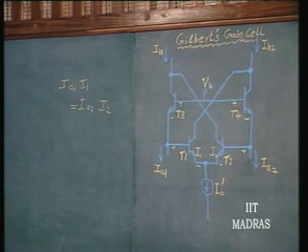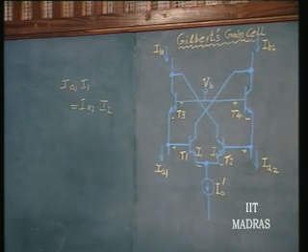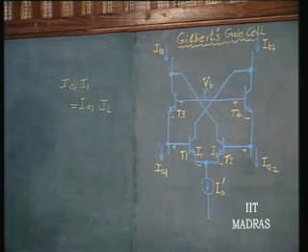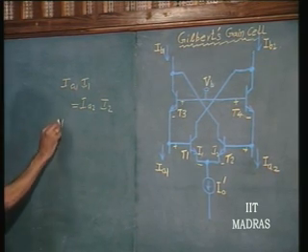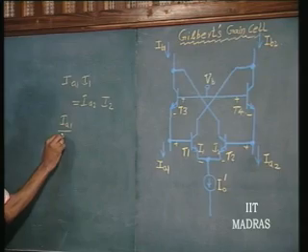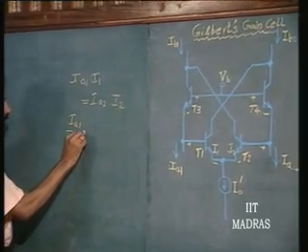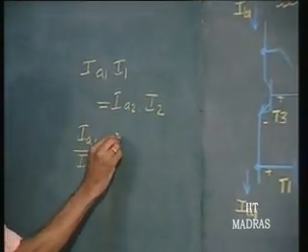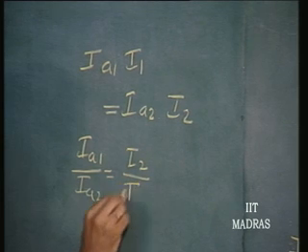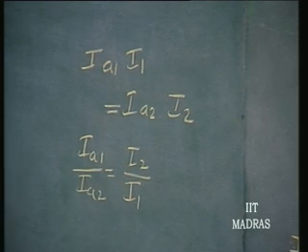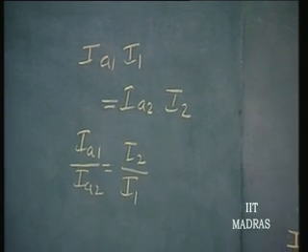In this context, let us see how this can be used for current amplifier. So, IA1 divided by IA2 therefore is equal to I2 by I1. The ratio relationship is clear from this.